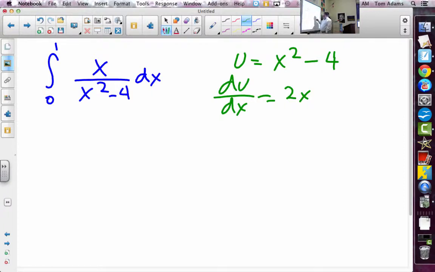But I have to address this dx, and then I have an x here. So if it's possible, I'd like to get that x dx worked out. If I multiply both sides by dx and divide by 2, I get x dx.